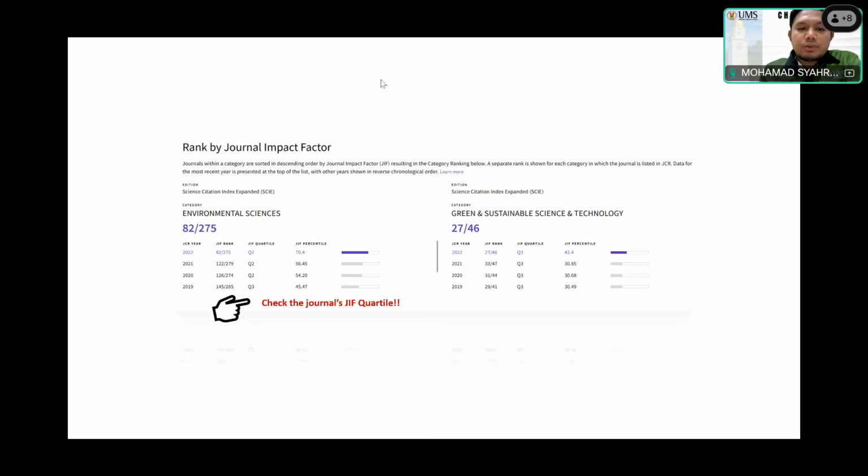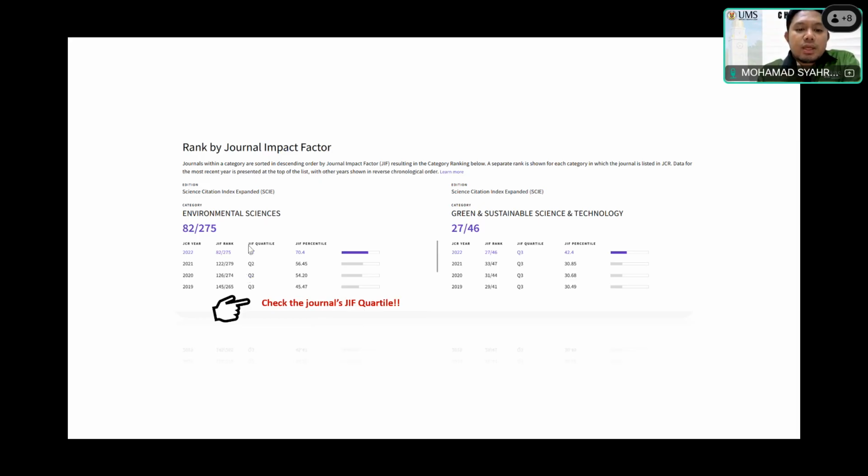Okay, this is how to read the impact factor from the database. For example, they have two categories: environmental sciences, and green and sustainable science and technology. You can see the journal is Q2 from this, and then check the journal impact factor quartile.